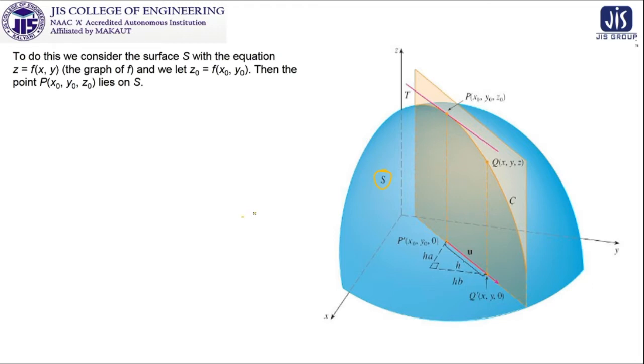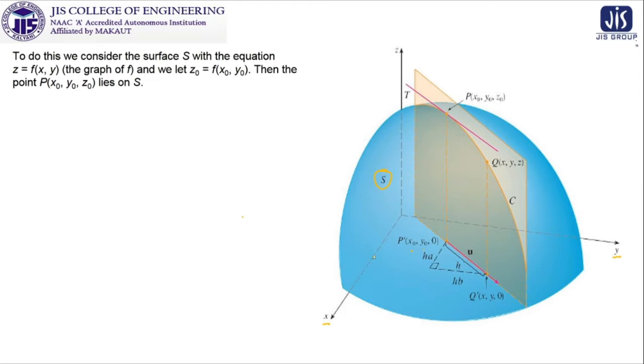Clear? Now we are considering one point z0 as f of x0, y0. So where will be f of x0, y0? In the xy plane, first x0, y0 will be there. So this is our xy plane. This is our x direction, y direction, and look at this. This is the x0, y0 point.